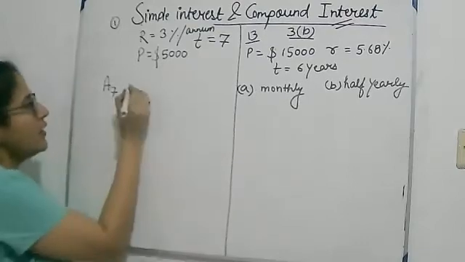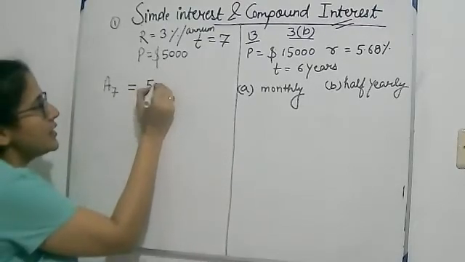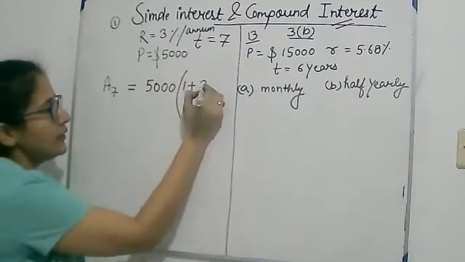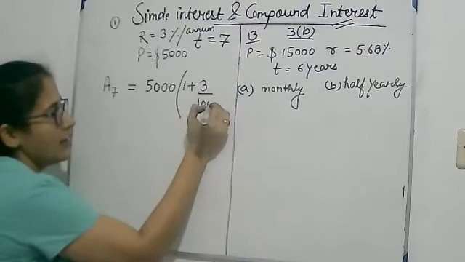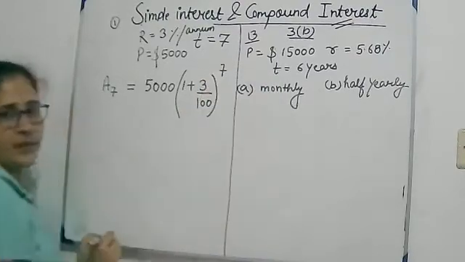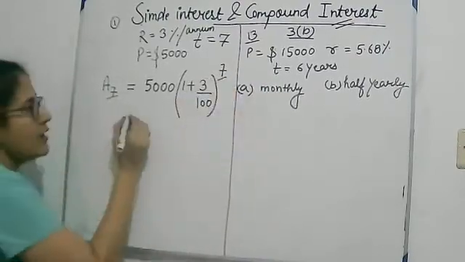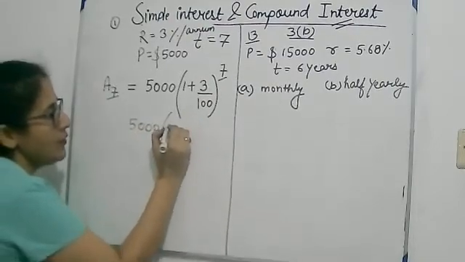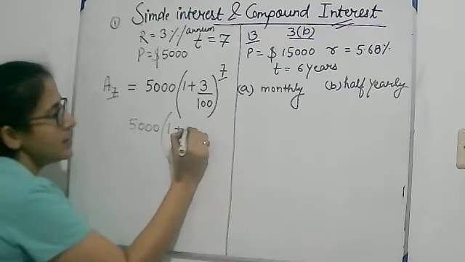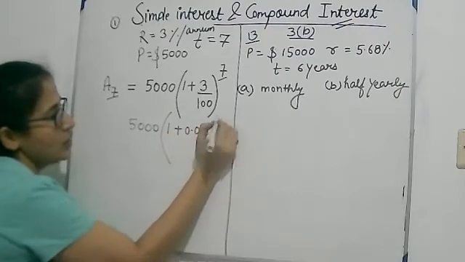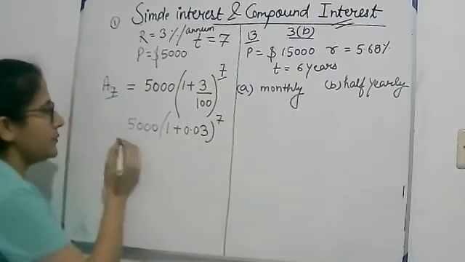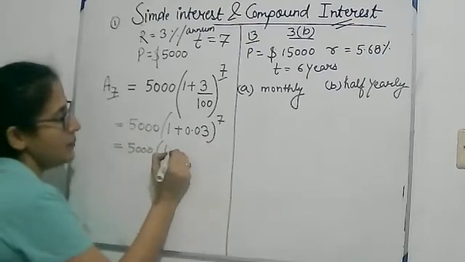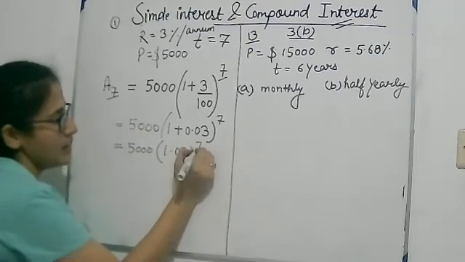First, time is 7. So it will be P, P is 5,000, times 1 plus R, which is 3 over 100, to the power 7. So now 5,000 times 1 plus 0.03 to the power 7, which is 5,000 times 1.03 to the power 7.